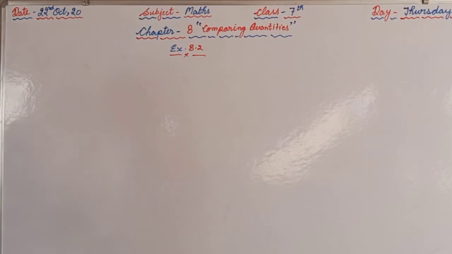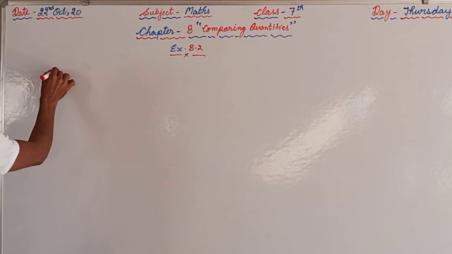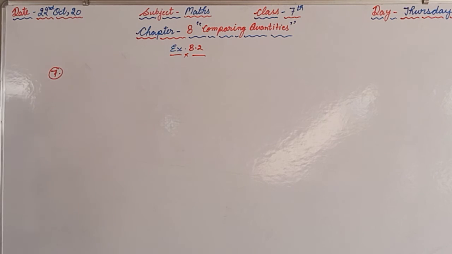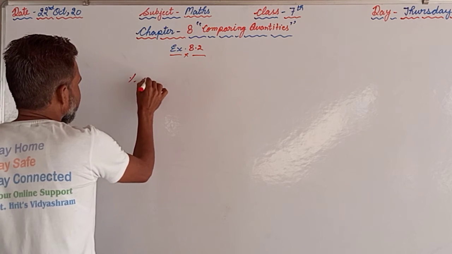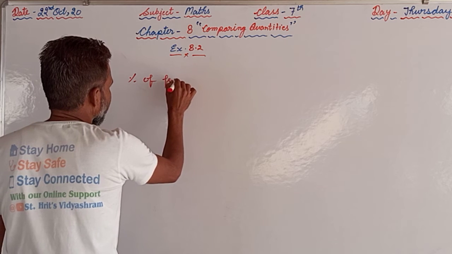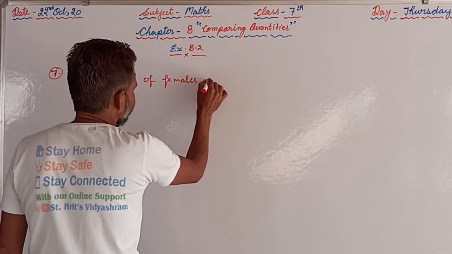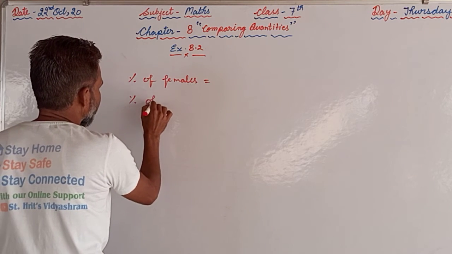That is a word problem. So first of all, we will read the question, what is given in the question. In a city, 30% are females, 40% are males, and remaining are children. What percent are children? Percentage of females and percentage of males.